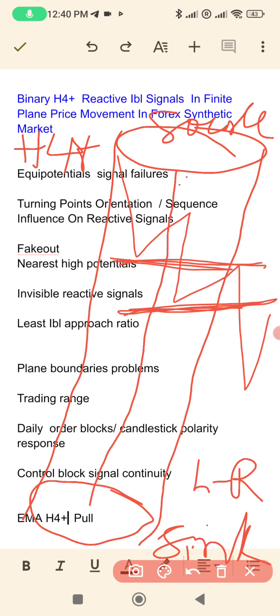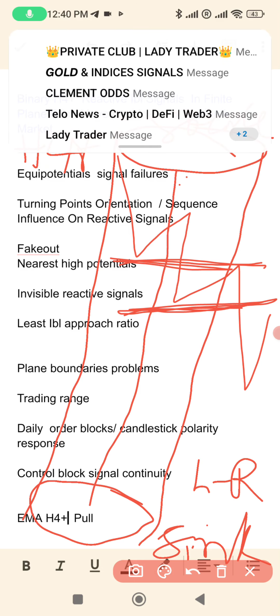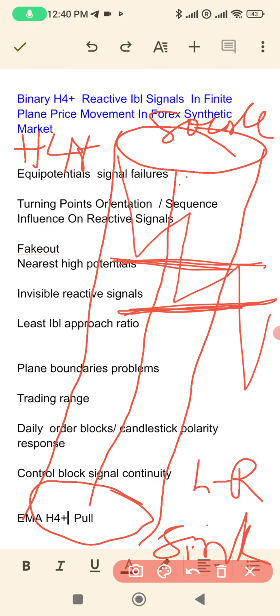What I'm trying to tell you is that this arbitrary plane can be broken, because you can see how I'm struggling to fit the price movements inside it, but it's not actually trying to stay inside the plane. So planes in practice can be broken, and we have the price movement moving inside this plane in this form.